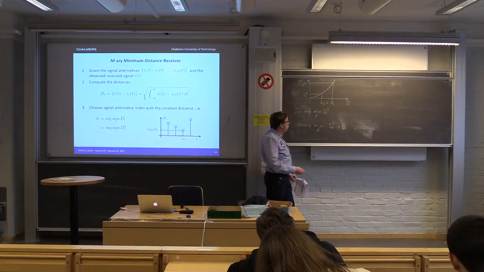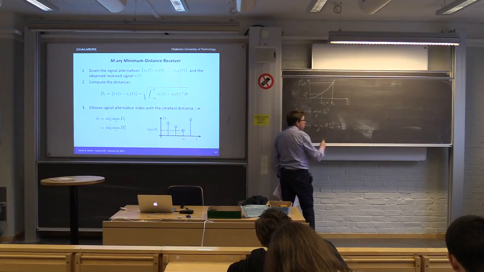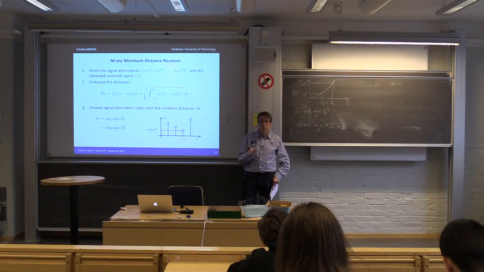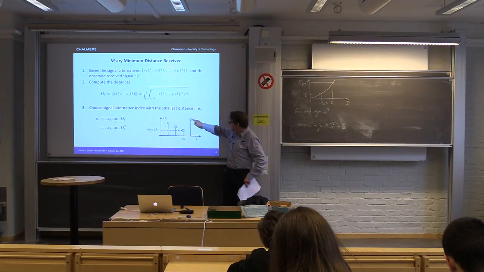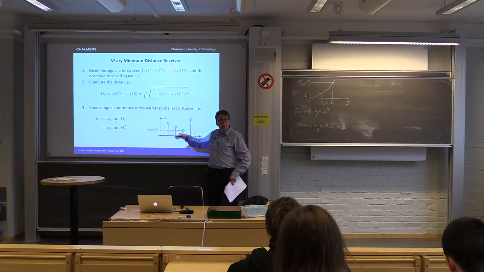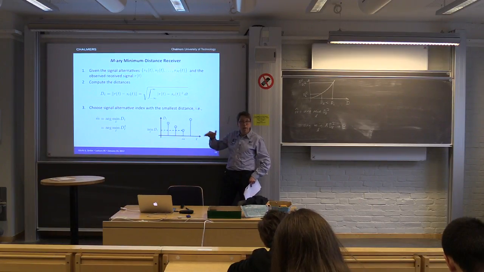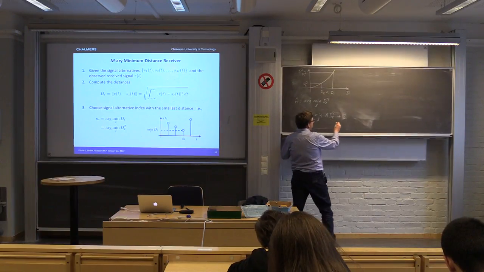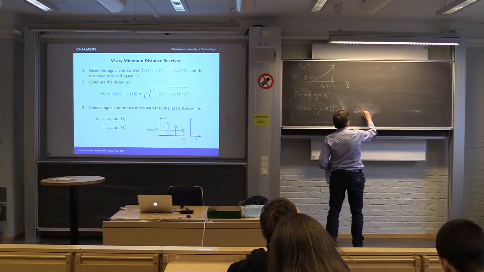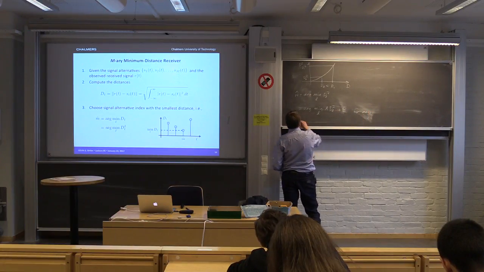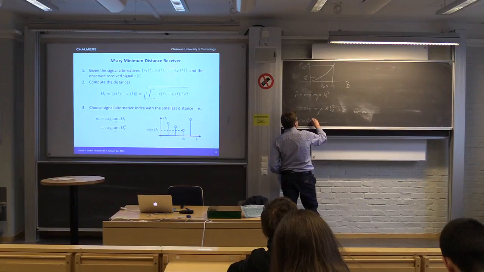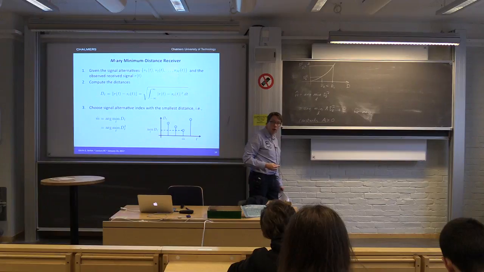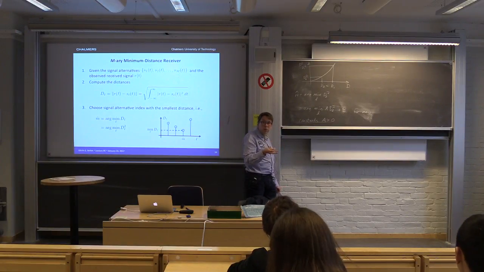Okay, we can also multiply this one with any constant as long as this constant is positive. It simply means that we multiply all these numbers with the same thing, and the order of them in magnitude is preserved. Okay? So this is true for any constants A, which must be greater than 0. Otherwise we flip everything, that's not good.